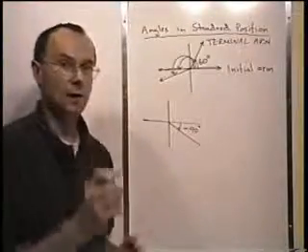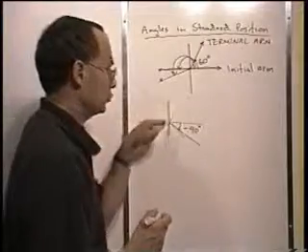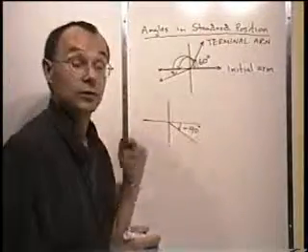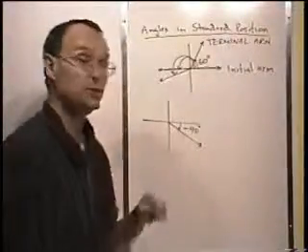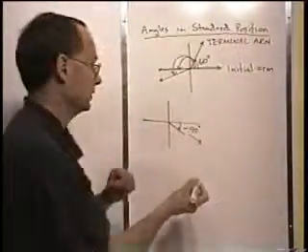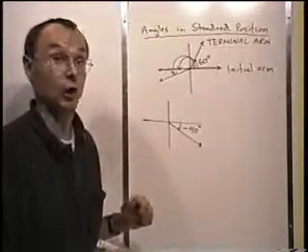Okay. Now another bit of terminology is we could draw the same location here, the same terminal arm, but it doesn't have to go through negative 40 degrees. I mean, what if I went in the positive direction and I ended up with the same terminal arm?